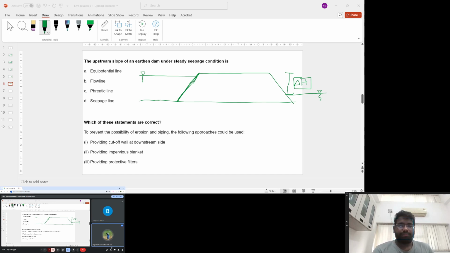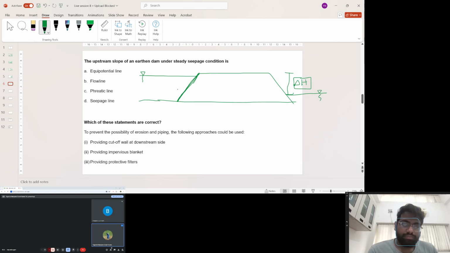Let this be the upstream slope, and now this can either be a flow line or an equipotential line. We have seen from the problem we solved last week that between the water column there will be no flow of water. So hence this is not a flow line.